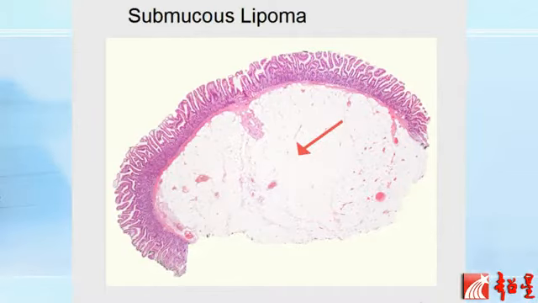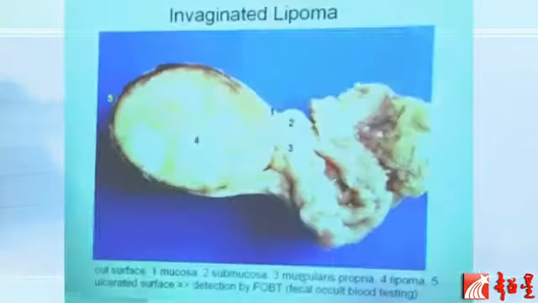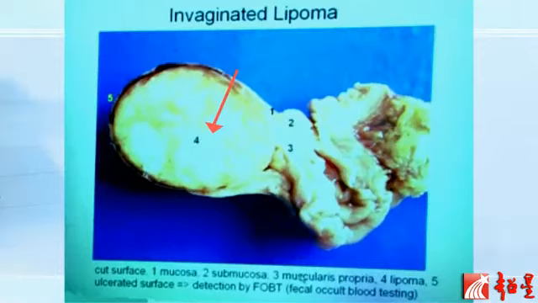So this is one kind of polyp. This is from the gross view: a polyp, and when we cut it, we find it's a lipoma.